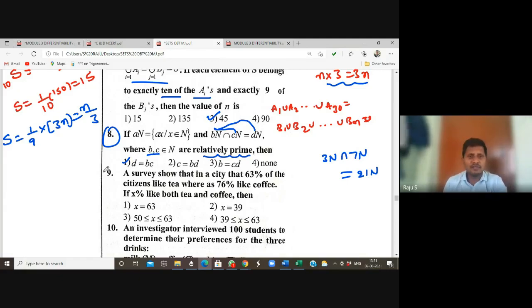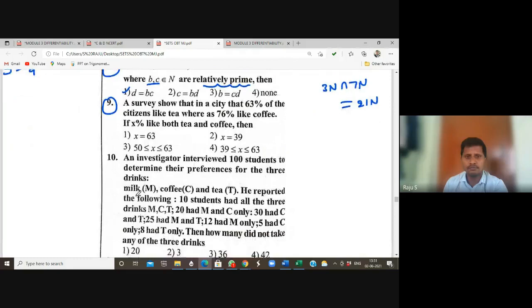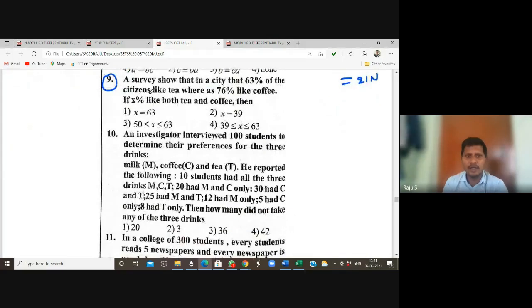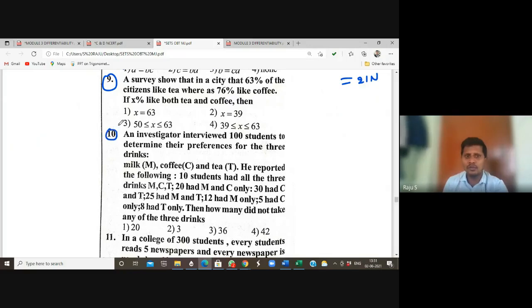All of you try question number 9. Otherwise, we can do the 9th later, because it is related to x lying between two values. So all of you do question number 10.